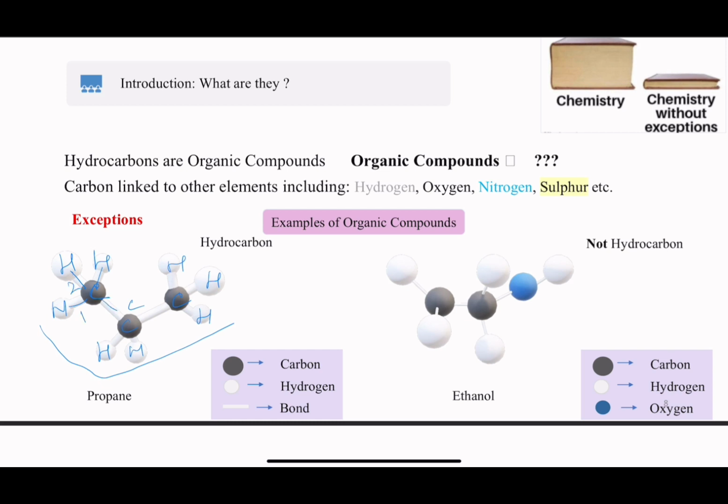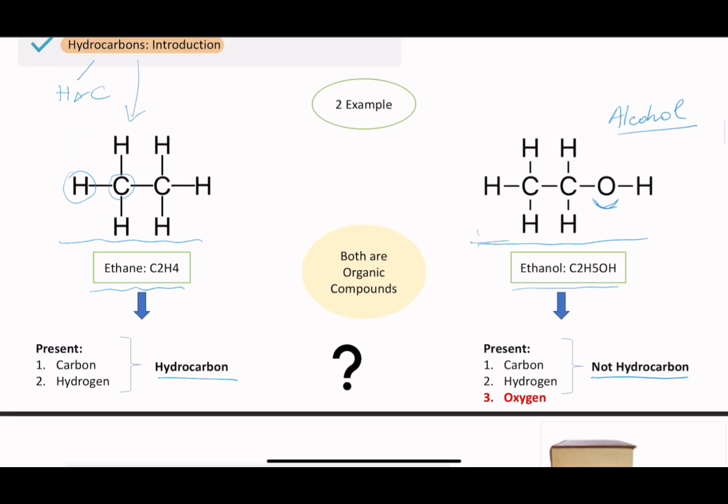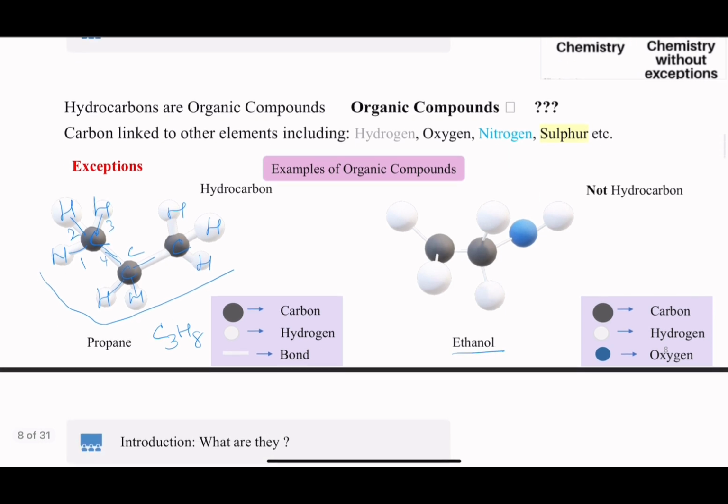So 1, 2, 3, 4 bonds. And look at this carbon, 1, 1, 1, 1, 4 bonds again. So this is called propane. The formula of propane, we're going to talk about this, but it is C3H8. If you count the number of hydrogens, we have 8 of them. But look at the ethanol, the one we just had in here. You see this? We have 2 carbons here, and then I have hydrogens.